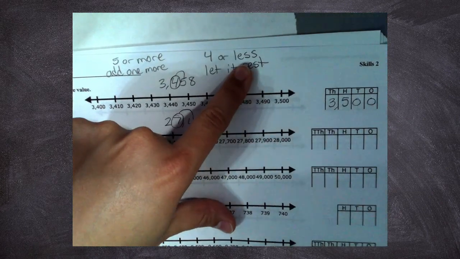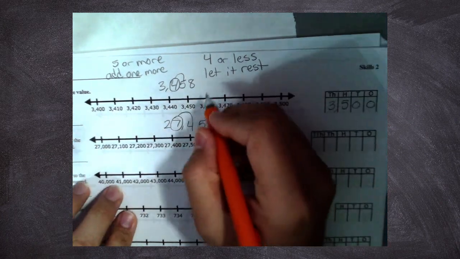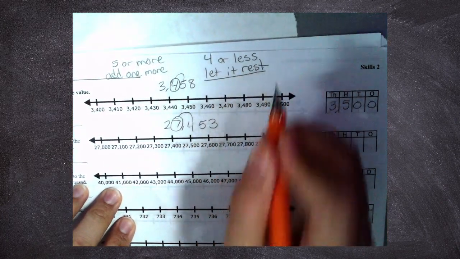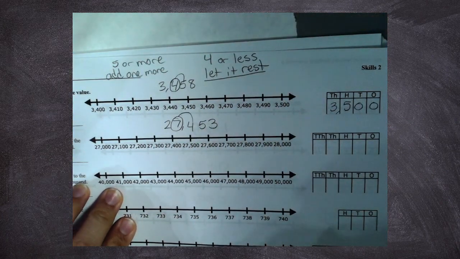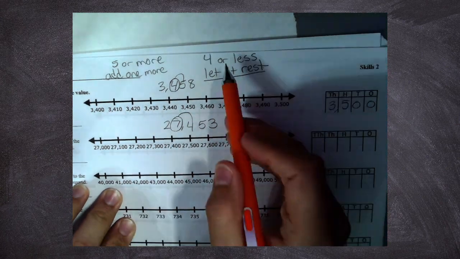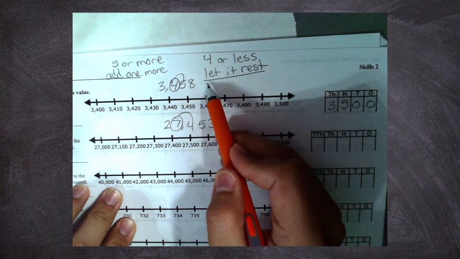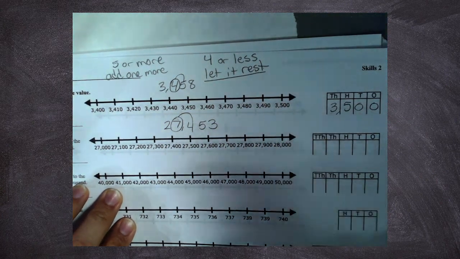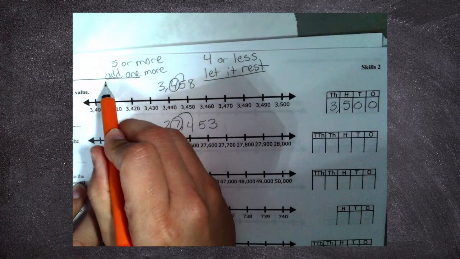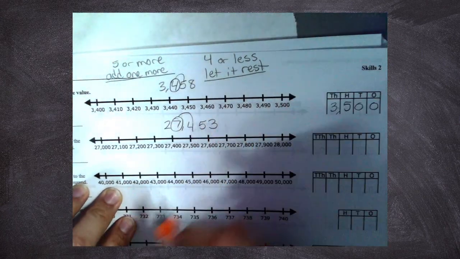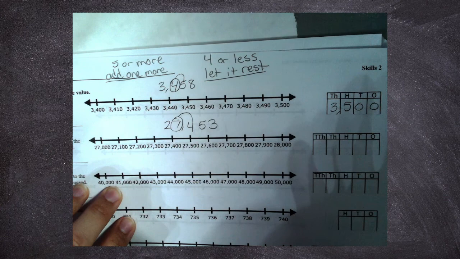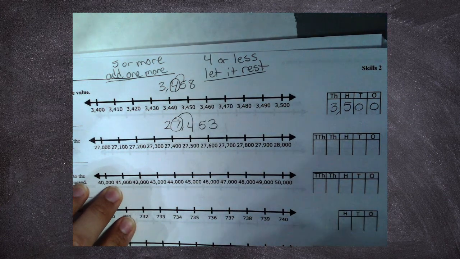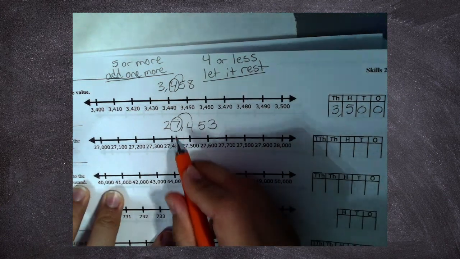So if it's in the 4 or less group, what are you going to do? Four or less, let it rest. That means you have to leave it alone. The only time that you add one more is if the neighbor was a 5, a 6, a 7, an 8, or a 9. So I'm going to let it rest.